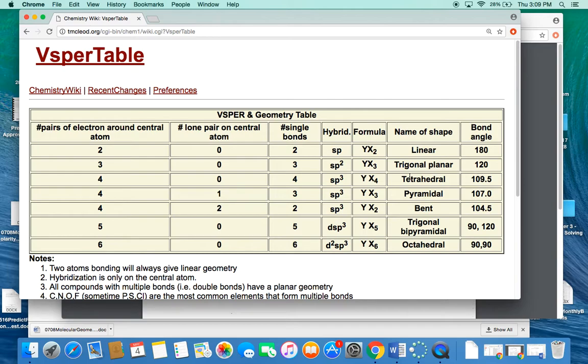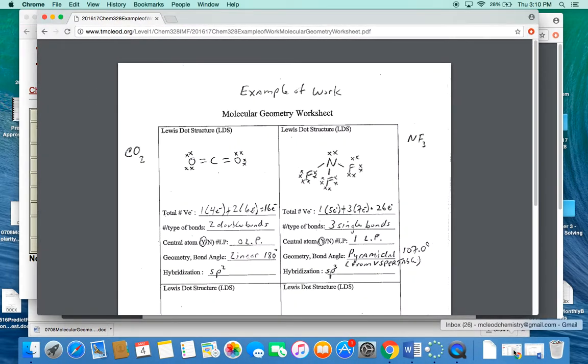So that's how you determine the shapes and bond angles of singly bonded substances. Now we'll look at the table. Here's an example of the table. Again, each of the blocks is an example. Here's CO2. So we do the Lewis dot structure.